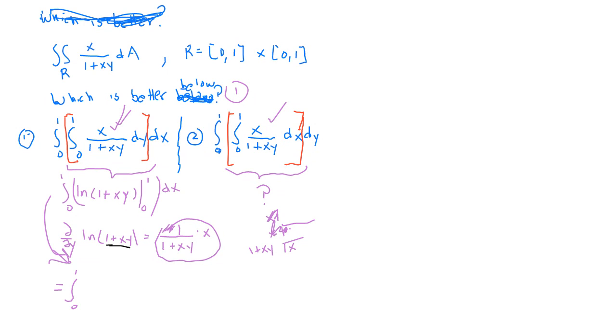I'll have to do it with the mouse. Okay, the log of 1 plus x times 1 minus the log of 1 plus x times 0, close the bracket dx.